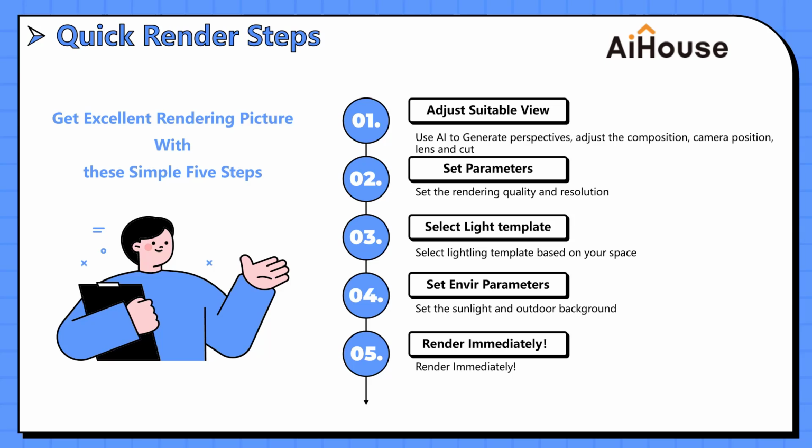Third, you can select a lighting template based on your space. Fourth, you need to set the environment parameters if needed. You can set the sunlight position and also the outdoor background. The fifth is the time to get our rendering. So let's do this one by one.